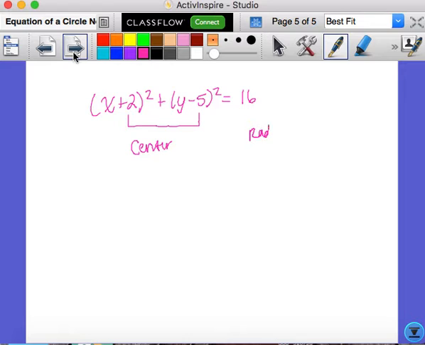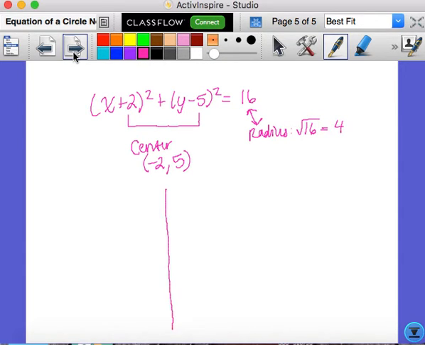So from this, I know that my center should come from changing the sign of h to be -2 and changing the sign of k, which is -5. So that's going to become a positive 5. My radius, I'm going to take that 16 and take a square root of that to give me 4.